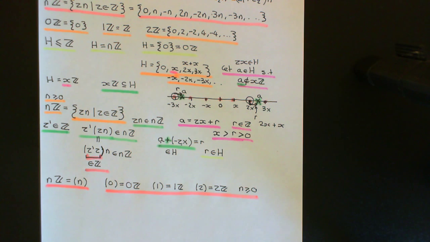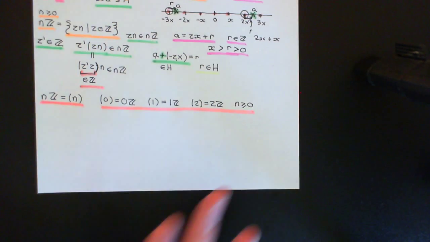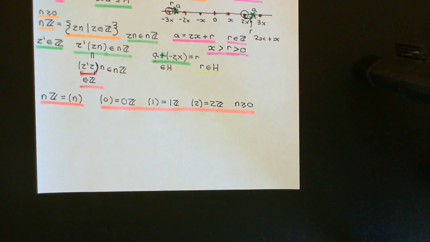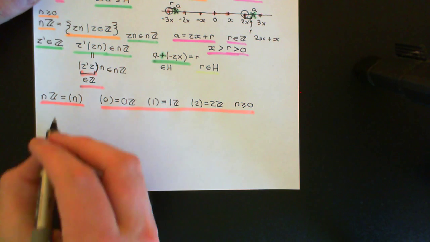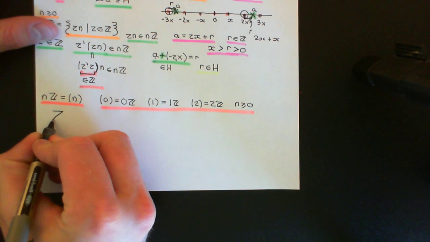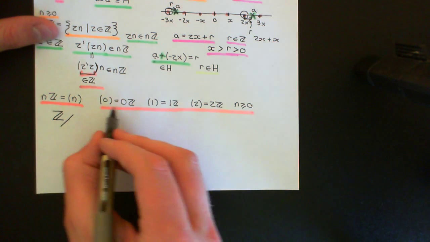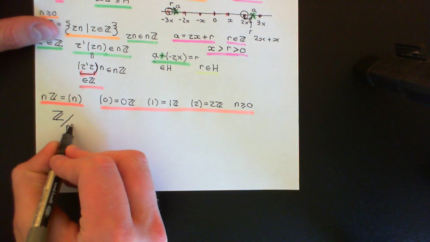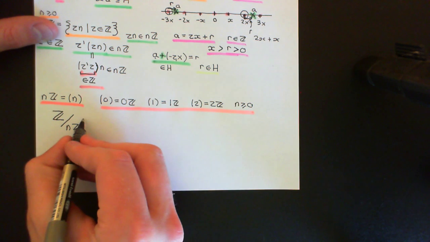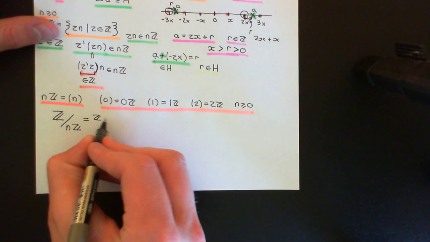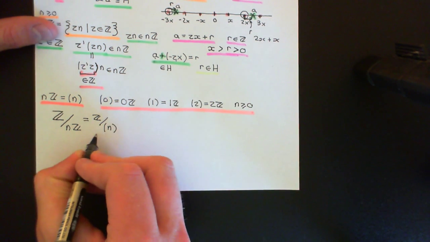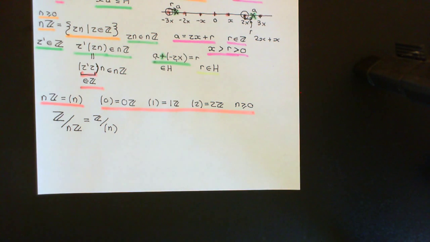So the integers have only principal ideals. All ideals within the integers are principal ideals. Now here's the big question that is going to give us modular arithmetic. What number system do we get if we take the ring of integers and quotient it out by one of these ideals? You can either use the notation Z/nZ, that's probably a bit more common, or you can use the notation Z modulo out by the principal ideal generated by n.